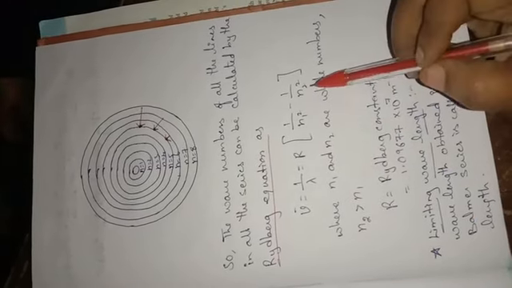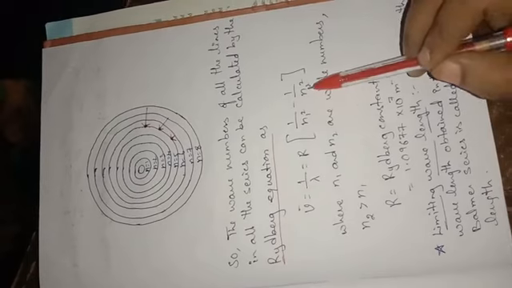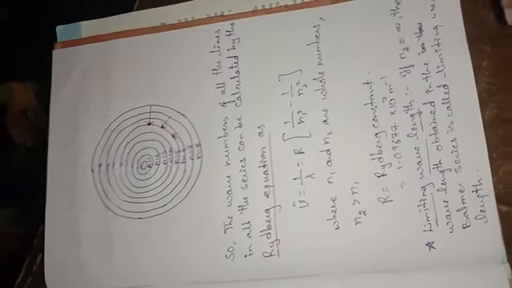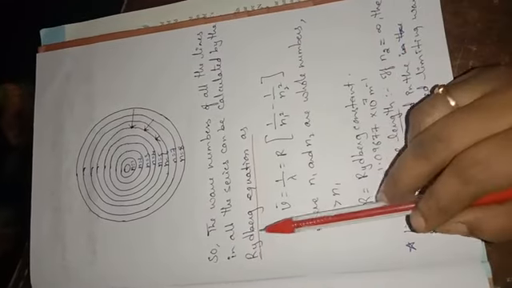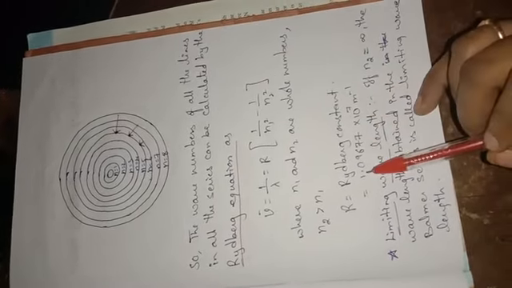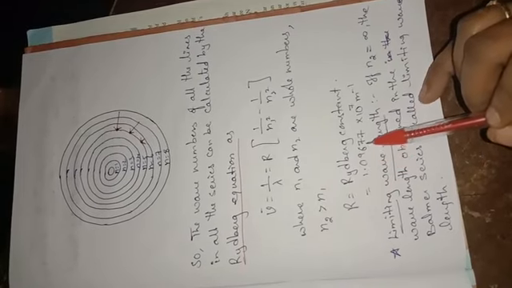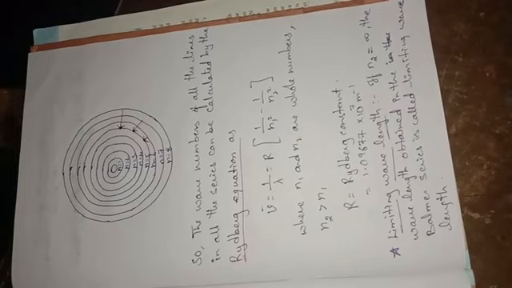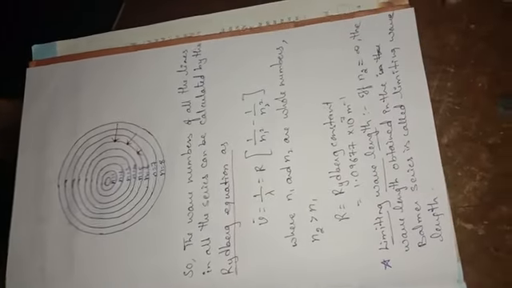Always n2 will be greater than n1, because n2 is the outermost shell and n1 is the innermost shell. Understand, children? The value of the Rydberg constant is 1.09677 into 10 to the power 7 meter inverse. This is the value you have to remember.